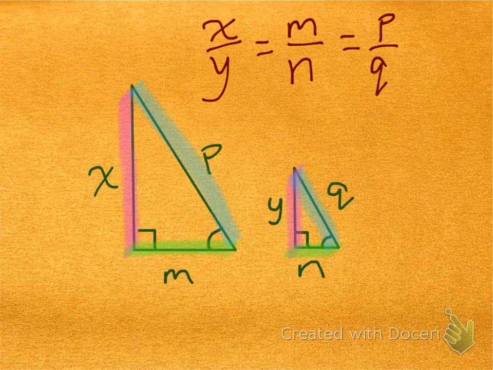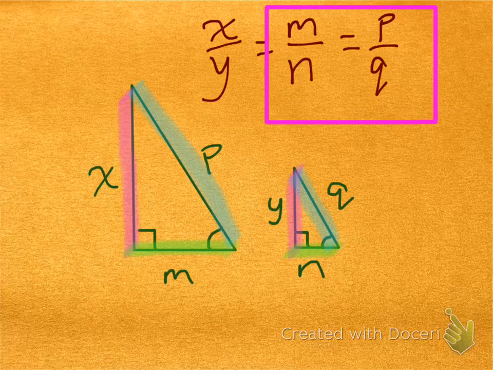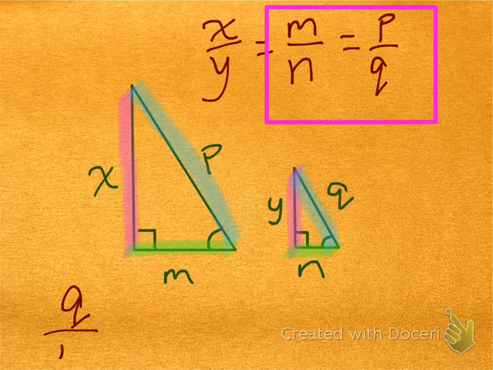Now from here, with basic algebraic manipulation, you can see that if we are dealing with just this ratio here, m over n equals p over q, and you multiply both sides by q and divide both sides by m, you would end up with q over n equals p over m, right?